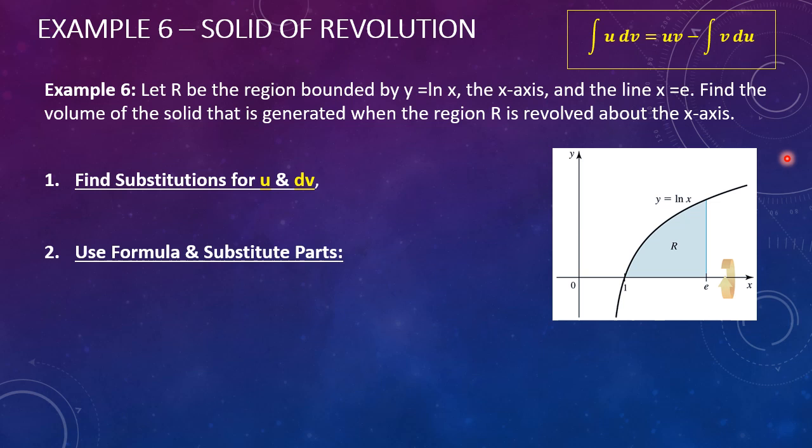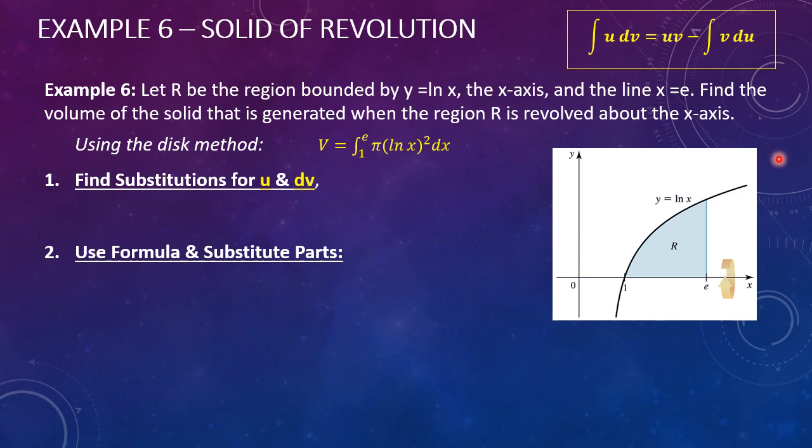So we can figure out our formula using the disk method. The volume equals the integral from 1 to e of pi times the radius, which is the natural log of x, squared dx. So now we just use our methodology that we know for integration by parts.